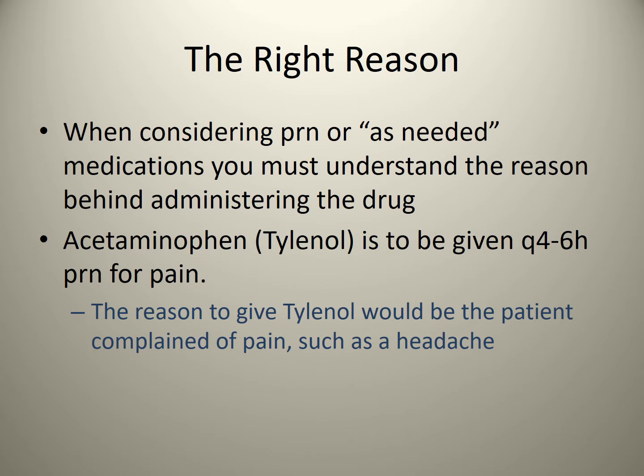The right reason. When considering a PRN or an as-needed medication, you have to understand the reason for administering the drug. For the most part, PRN medication prescriptions would indicate what to give the medication for.